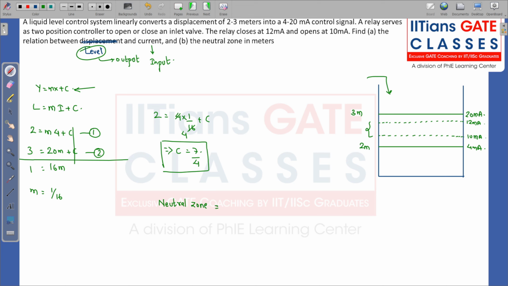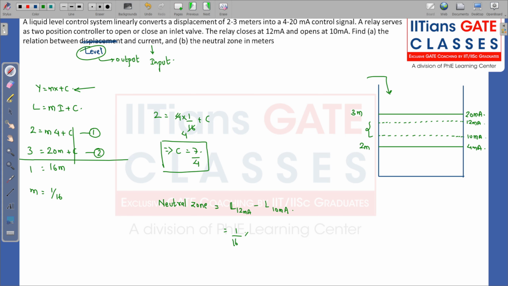Neutral zone in meters: level corresponding to 12 milliampere minus level corresponding to 10 milliampere. So level corresponding to 12 milliampere will be what? M is 1 by 16.